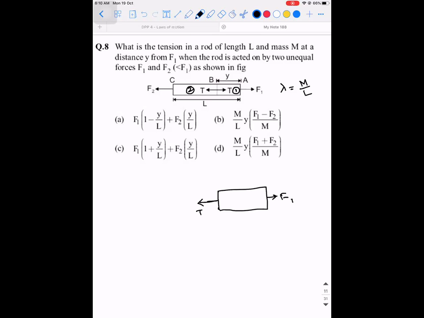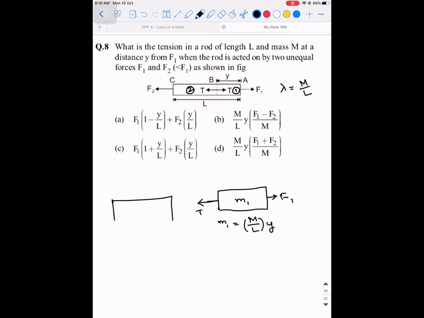If I take the mass of the first portion as M1, what would be the mass of the first portion in terms of M, L and other parameters? Uniform density multiplied, so capital M by L into what, guys? Y. That's it.